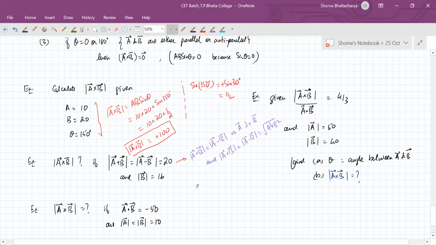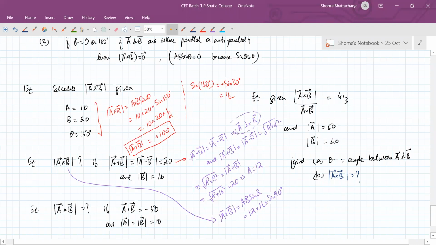So this tells us that the magnitude of A will come out to be 12. Now what about the magnitude of A cross B? It will be 12 multiplied by 16 multiplied by sine of 90 degrees because they are perpendicular. So that is 12 into 16.